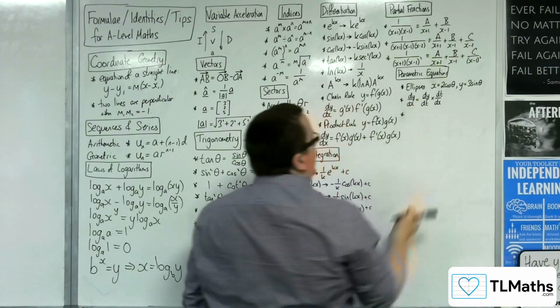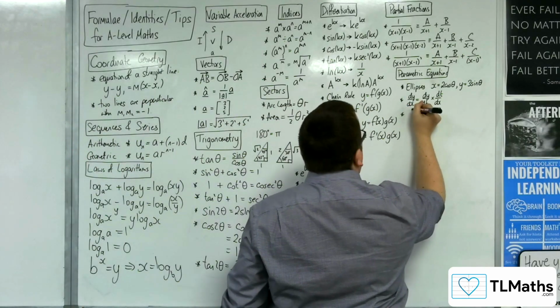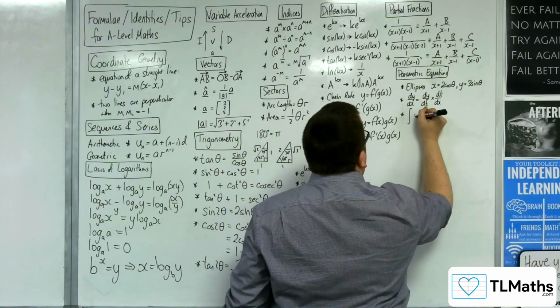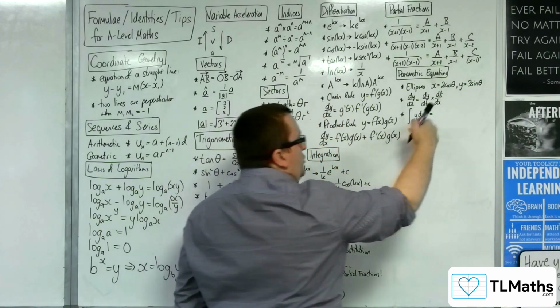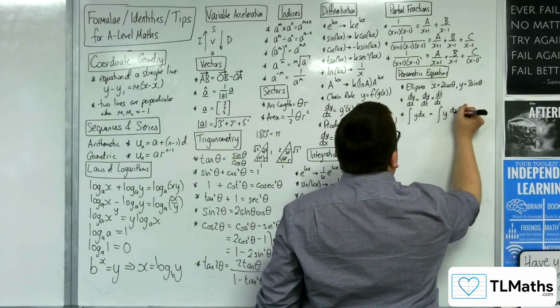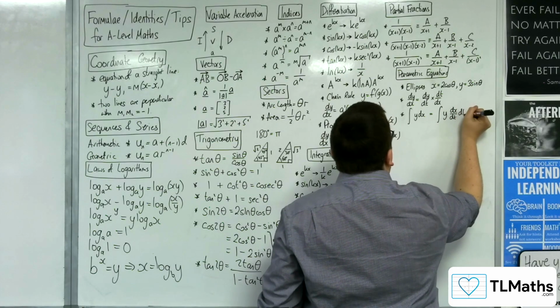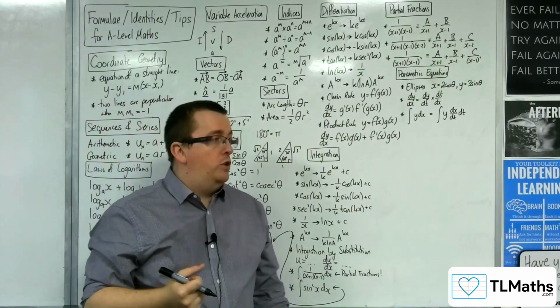You've got parametric integration as well. So parametric integration goes from y dx, that's your bog standard integral, to being transformed to y dx by dt dt. So that is your parametric integration.